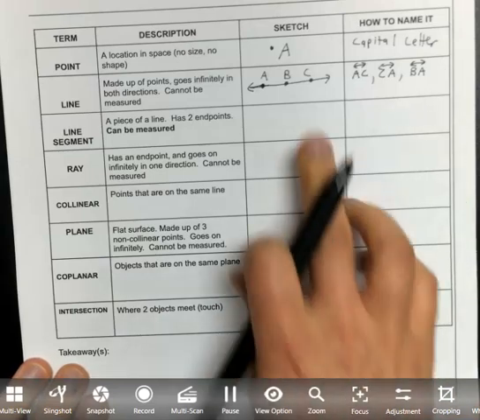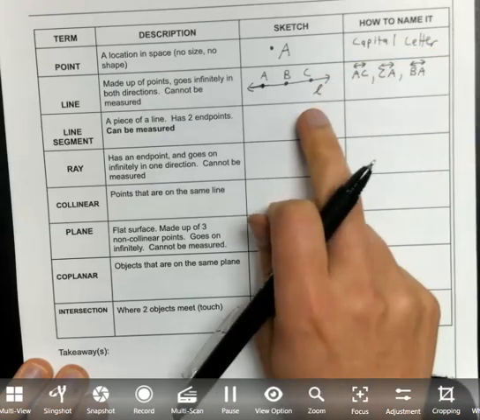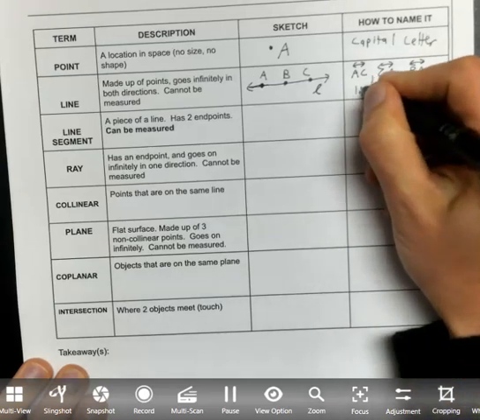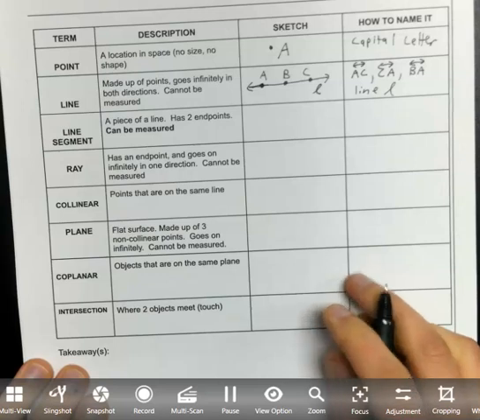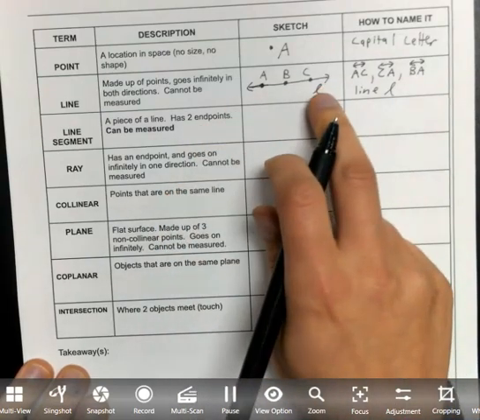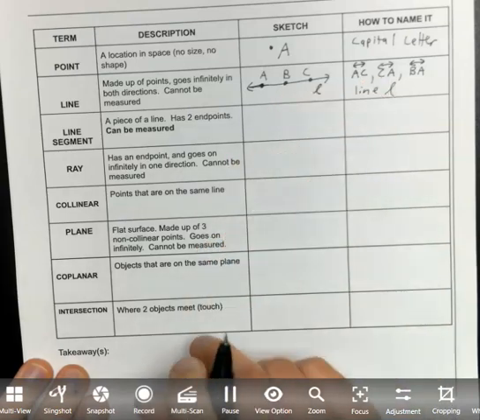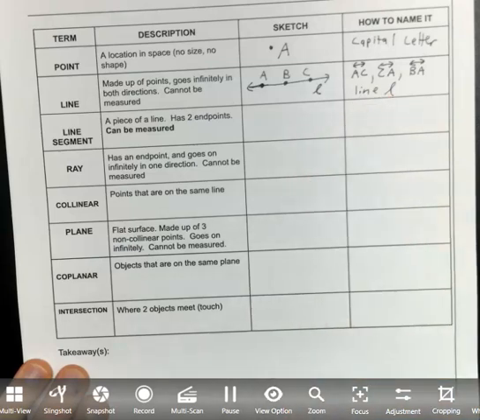The other way we can name a line is if we have a cursive lowercase letter, like let's say L over here, then I could also name this line L. Alright, this L, by the way, is not a point on the line. It is just a name. All the other things we used to name it, there were points on the line.